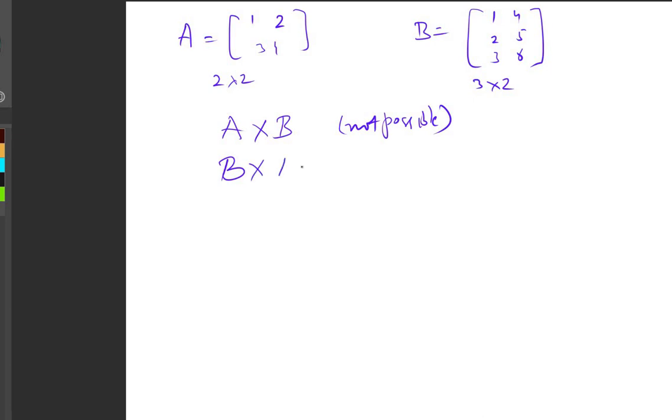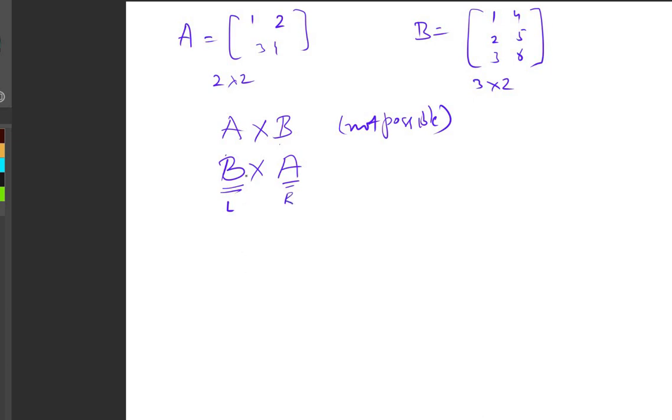Let's do B cross A now. Here I have made matrix B the left matrix, because it's sitting on the left-hand side. So this becomes my left matrix, and this becomes my right matrix.